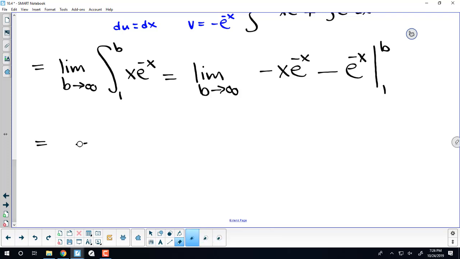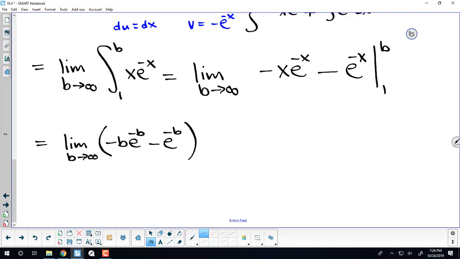Yeah, I guess we'll do the limit part first. So we've got negative b times e to the negative b minus e to the negative b for that limit. There's f of b minus f of a.